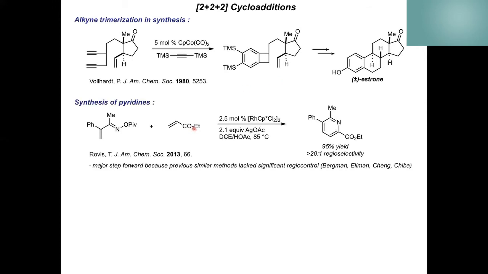But not only can benzene rings be formed via 2+2+2s, but we can also have pyridine synthesis in this type of manner. And this is really an important avenue to try and have new methodologies developed, because of the extreme prevalence of nitrogen heterocycles in pharmaceutical agents.